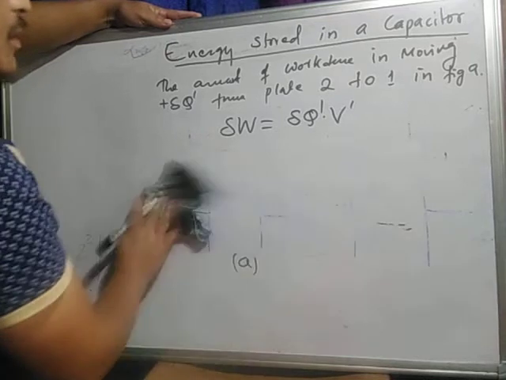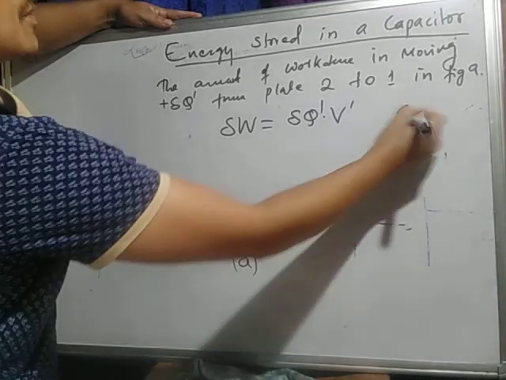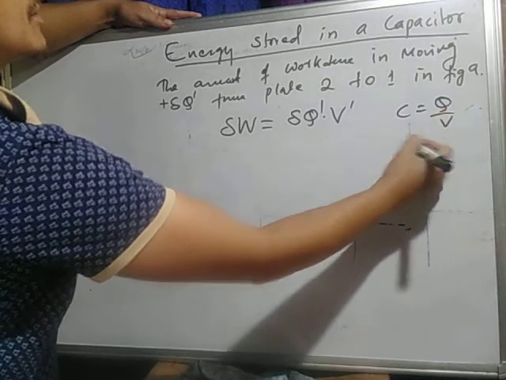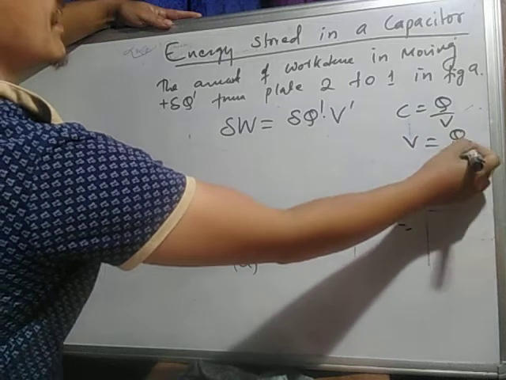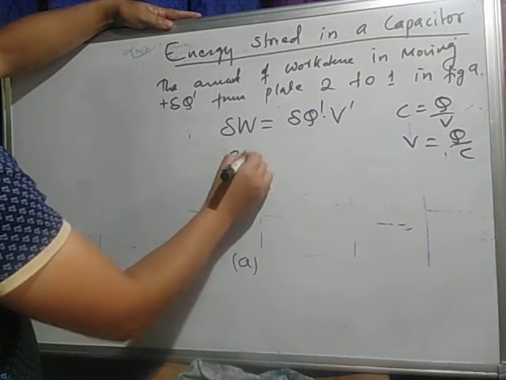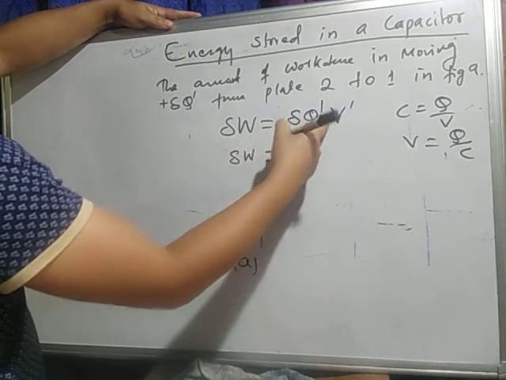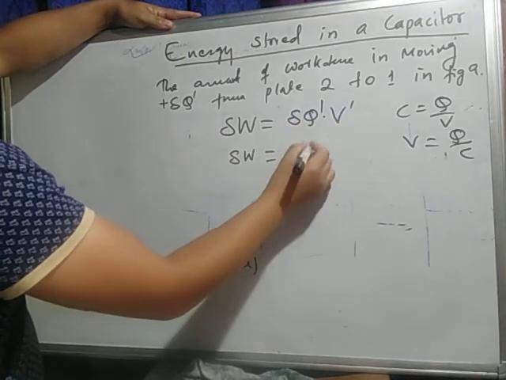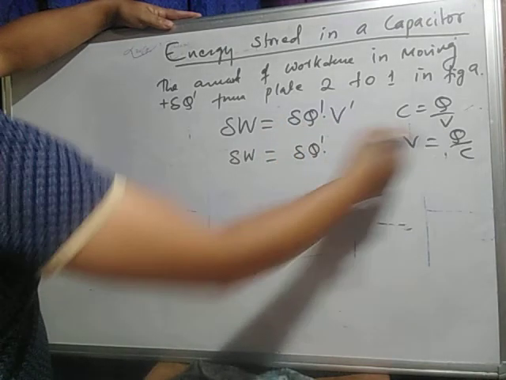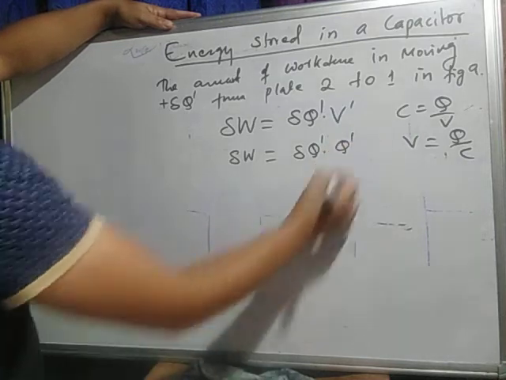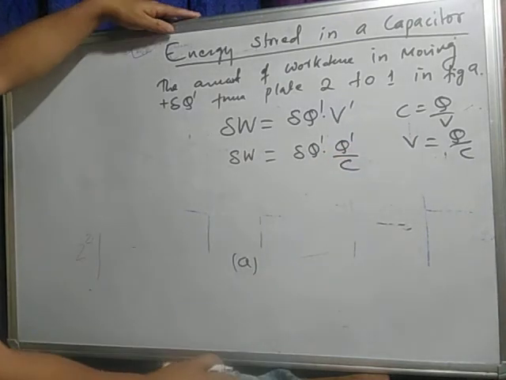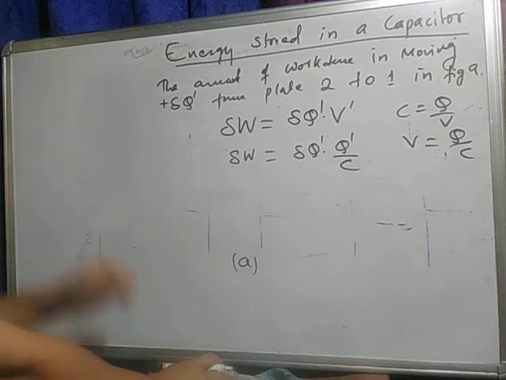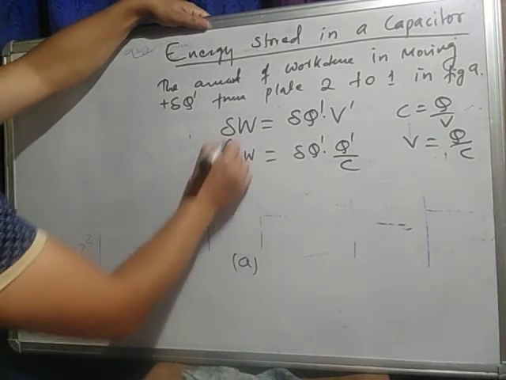Small work done is this much. So C is equal to Q by V, so V equals to Q by C. So del W equals to, in place of V, Q dash by C into del Q dash, and C remains same, right. So for total work done, integrate.